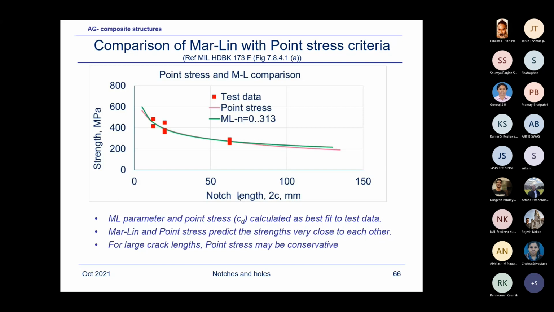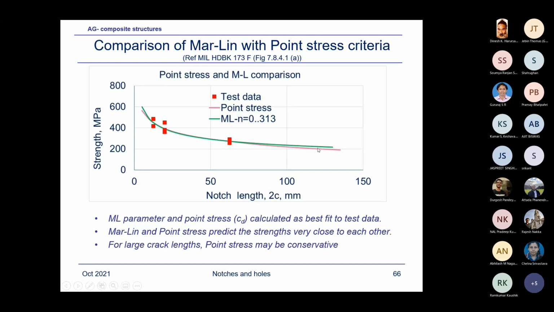The test data is there in red, and then the calculated values. Now, since this is an empirical method, you'd always predict data which will match the test data well, because what I did, I determined the best fit values for SC and N using this test data, and then calibrated those parameters.